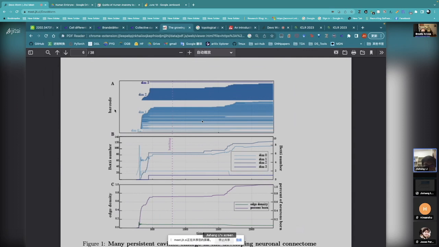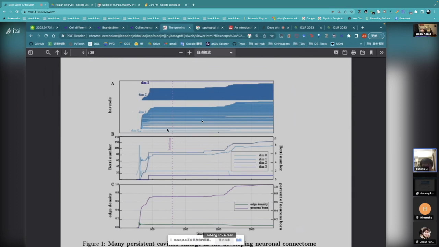I won't introduce the definitions of these names, but I would say that if the Betti number is very big, that means there are lots of high dimensional cycles, such as cycles, voids, or connected components, which are topological signatures in this space. You can see that the Betti number is very big, like 60, 80, or 100. That means there are lots of high dimensional signatures in this space.